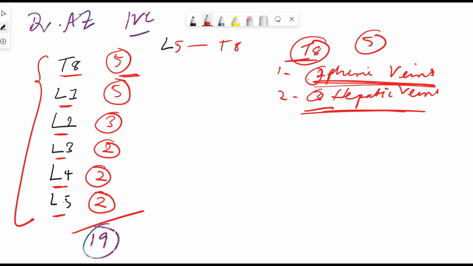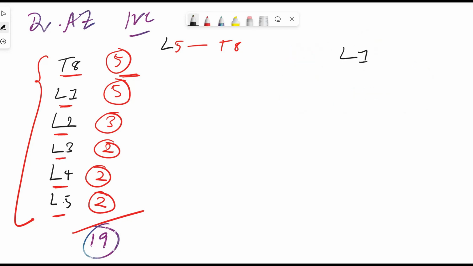So let us go to L1. We mentioned that it also has 5 tributaries, right? Let us mention them. Number 1, we have the right suprarenal vein.